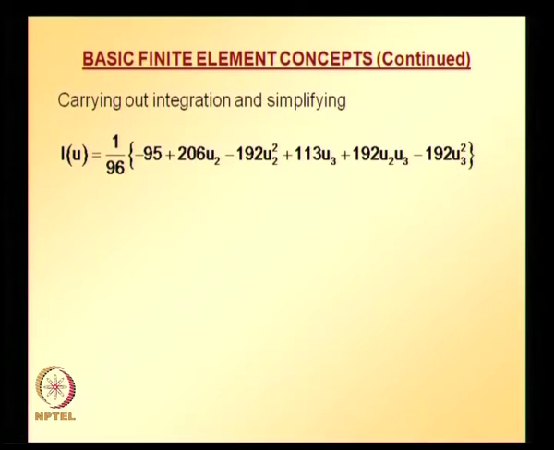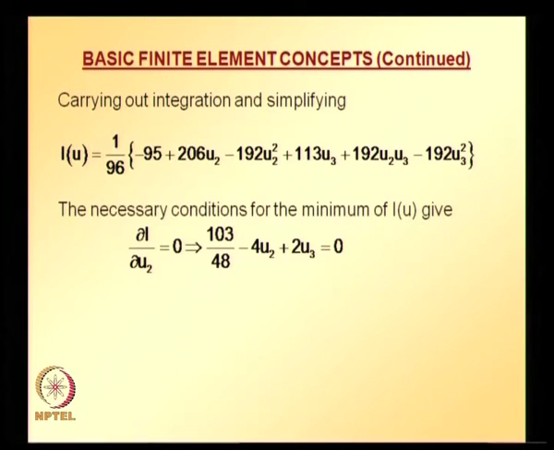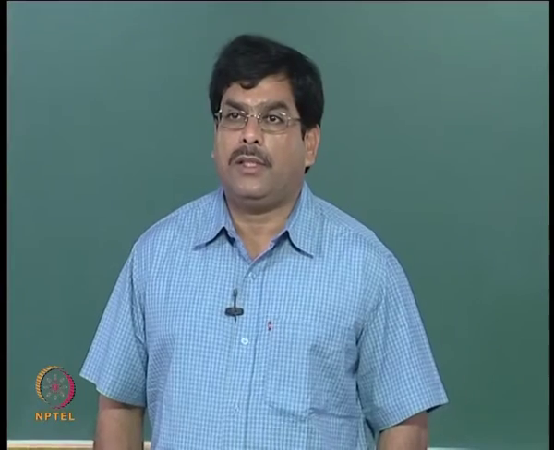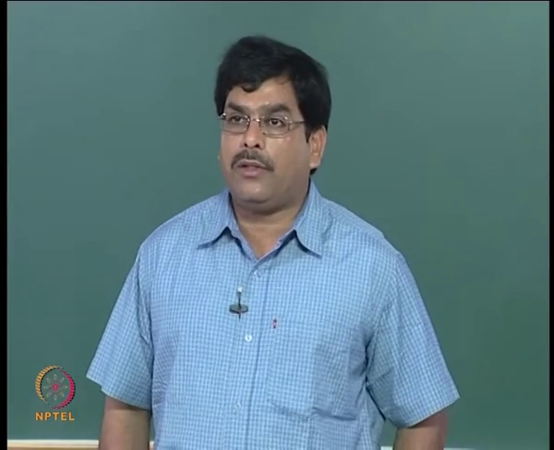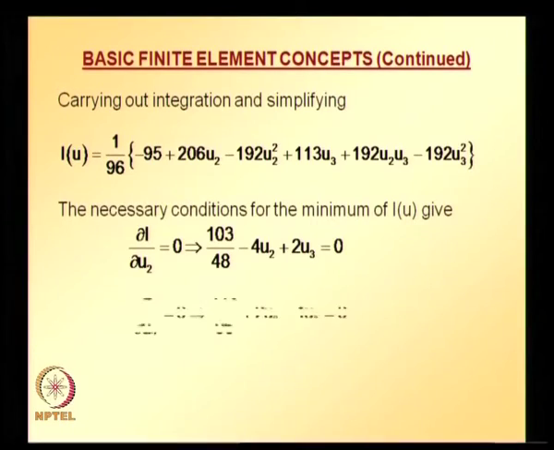Then applying the stationarity conditions, you get two equations, two unknowns. The first equation is the partial derivative of I with respect to u2 equal to 0, and the second equation is the partial derivative of I with respect to u3 equal to 0.